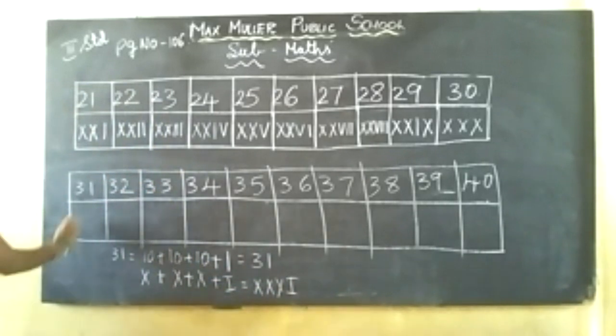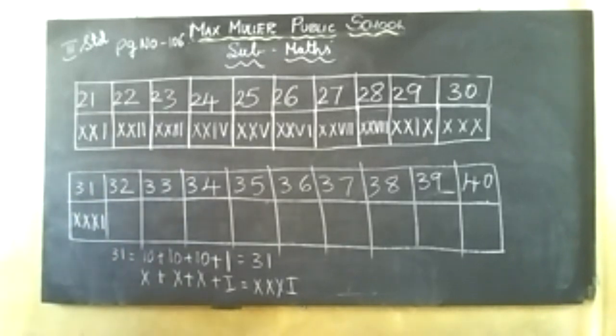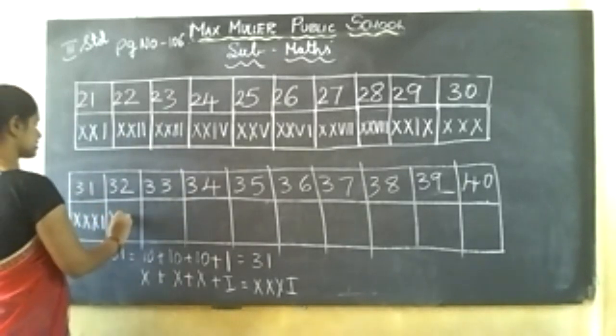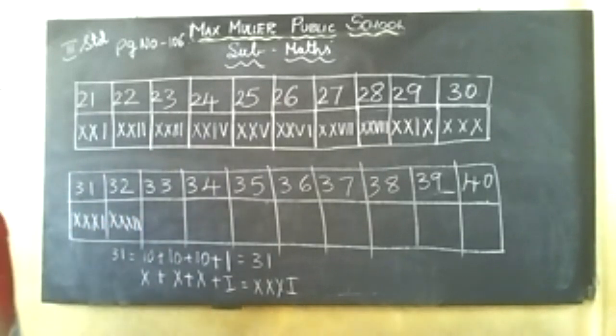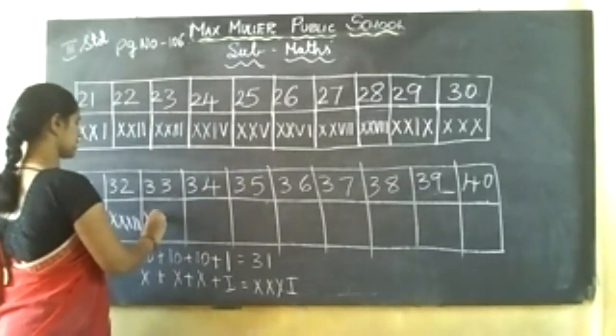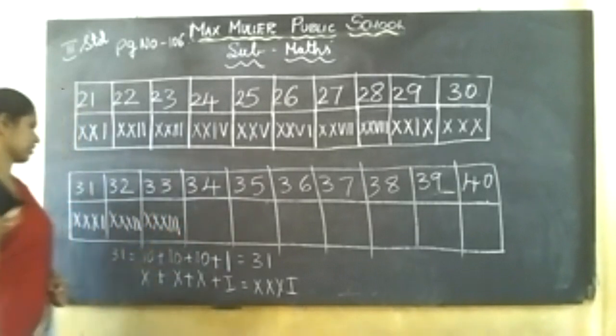So write down X, X, X, I. Next, X, X, X, 2 lines. Then X, X, X, 3 lines.